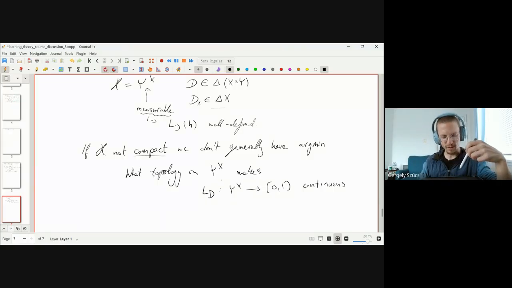Or you can fix a sigma algebra on X, and then pick a D which is a measure with respect to that sigma algebra, and then ask for this to be continuous for all D.